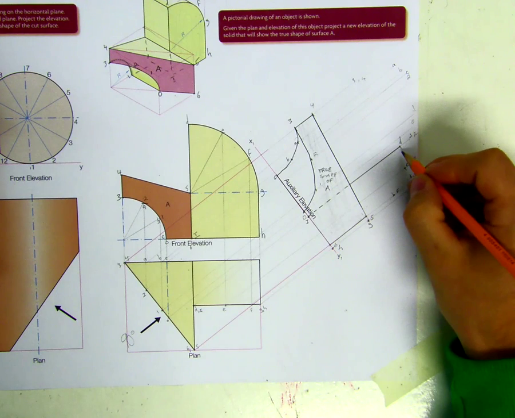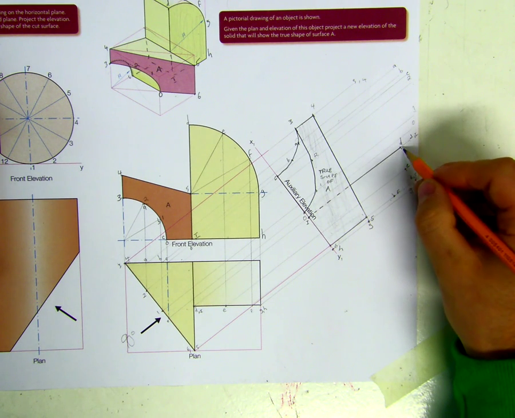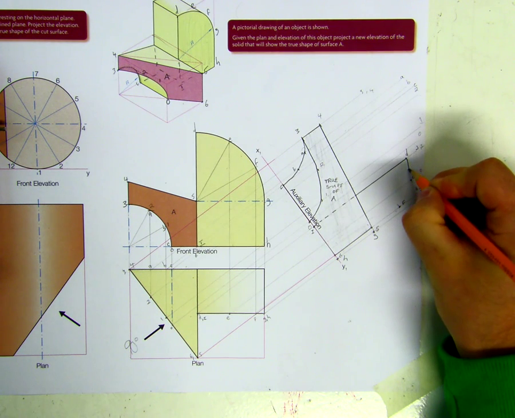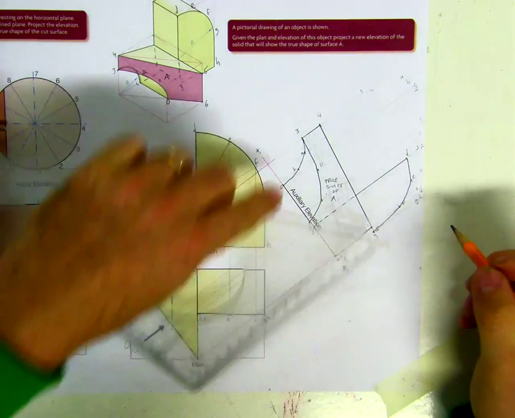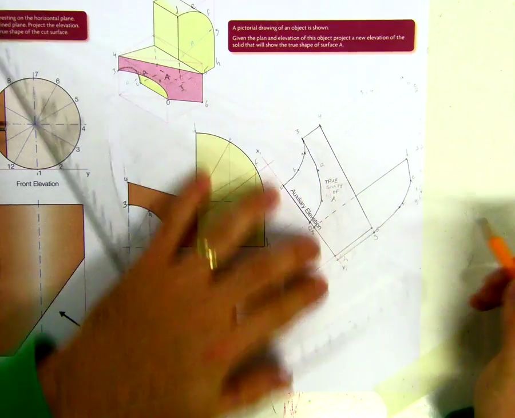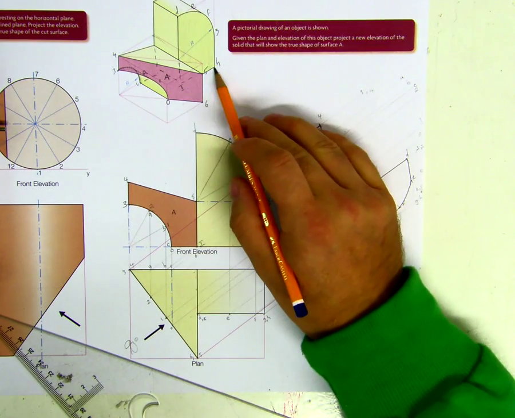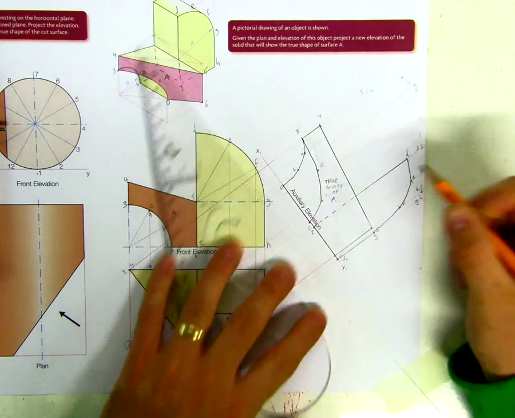We know then D curves around through E, F, G, and then there's a straight line to H. So we can freehand curve D, E, F, G, and then we're going to join straight edge G to H. Okay, you can see that, G to H. Then H goes all the way back into I. So that's on the ground line.